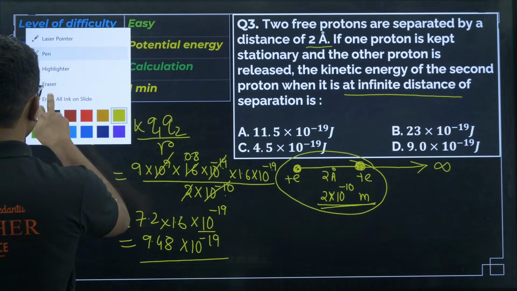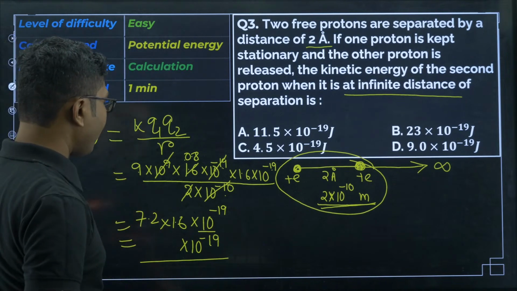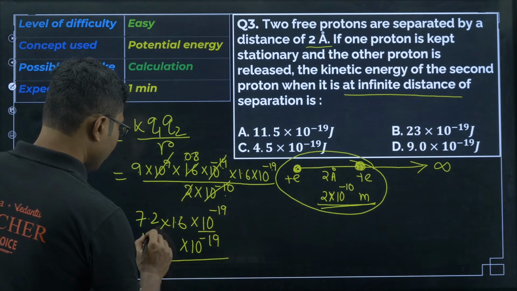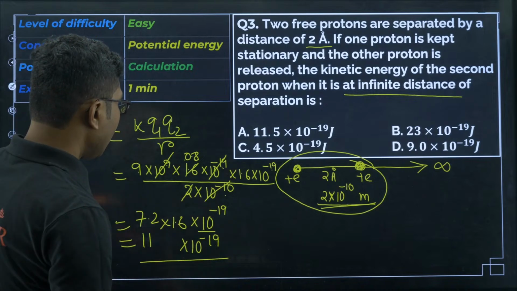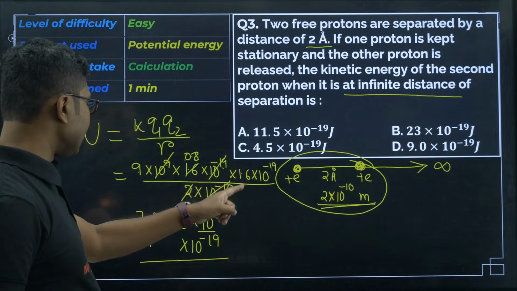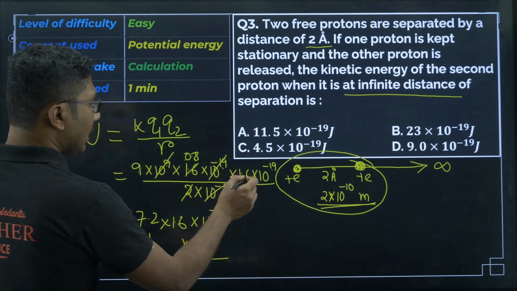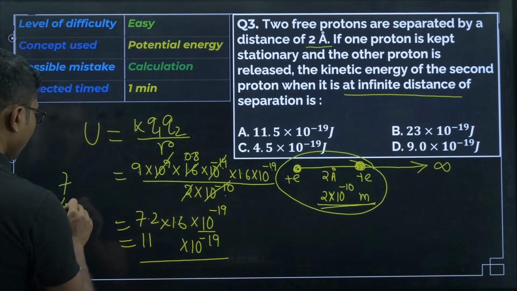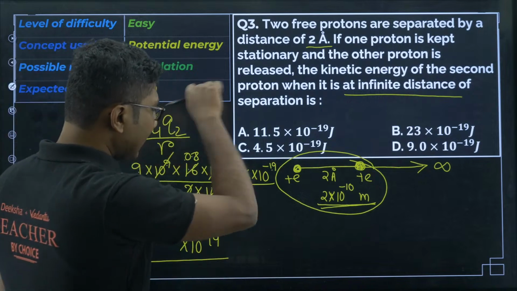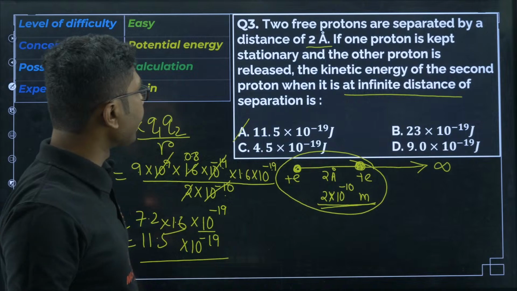It will be closer to 7.2 into 1.5, which is 7 plus 3.5, so it will be very close to 11. So how did I do that? 1.6 into 7 I am doing. 7 ones are 7, then 6 7s are 42, so it will be 4.2. That will be 11.2 approximately, and the option given here is 11.5. So obviously option A is the correct answer.